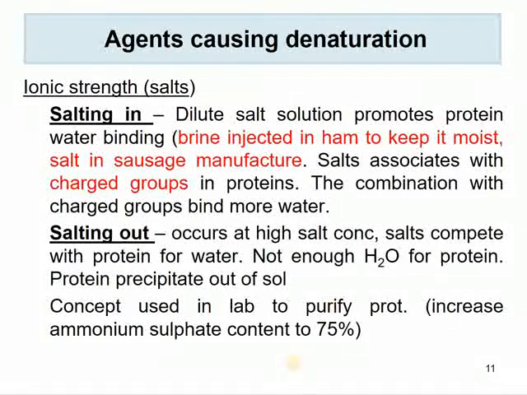So the salt takes up all the water, and then the protein precipitates out of solution. And that's a phenomenon that's used to actually extract proteins, to purify the protein. So usually they use 75% of ammonium sulfate, but we don't do that in food.